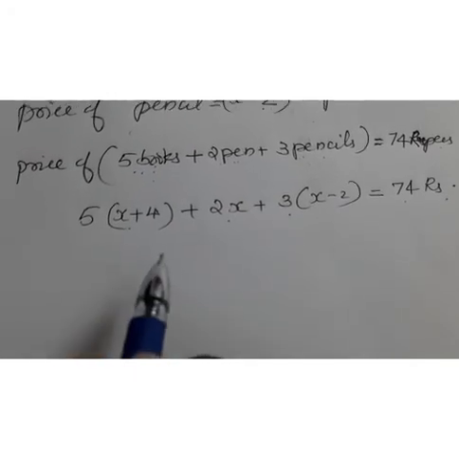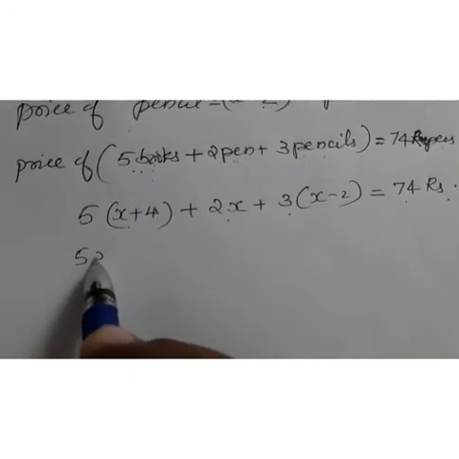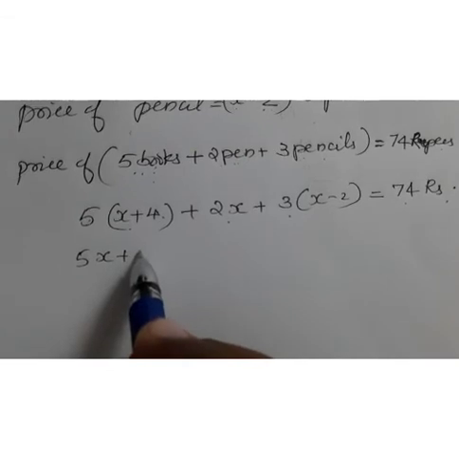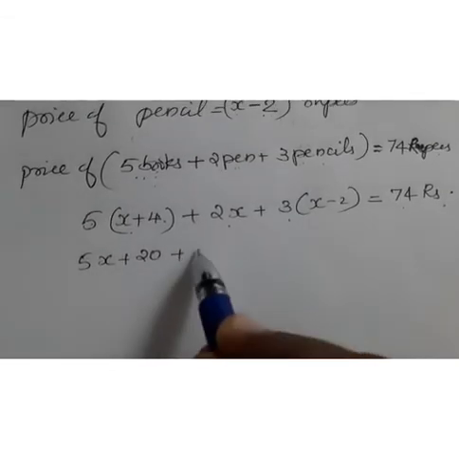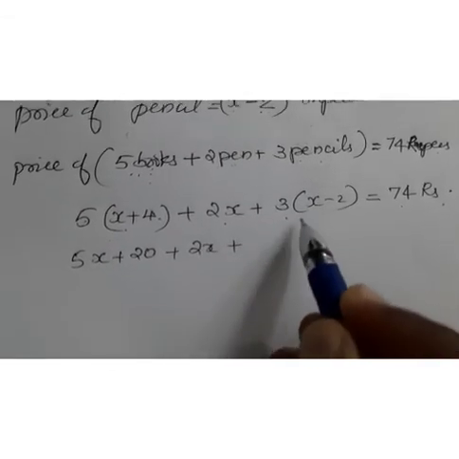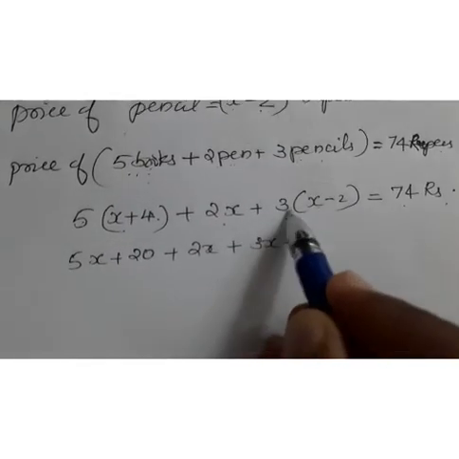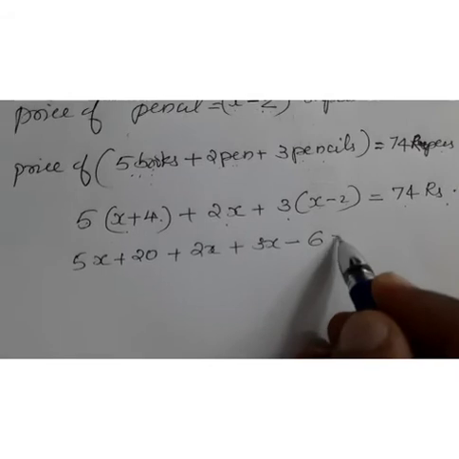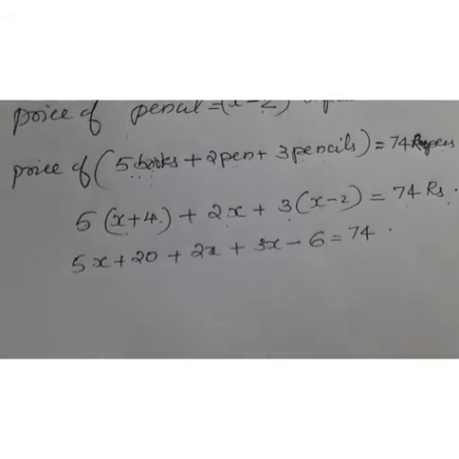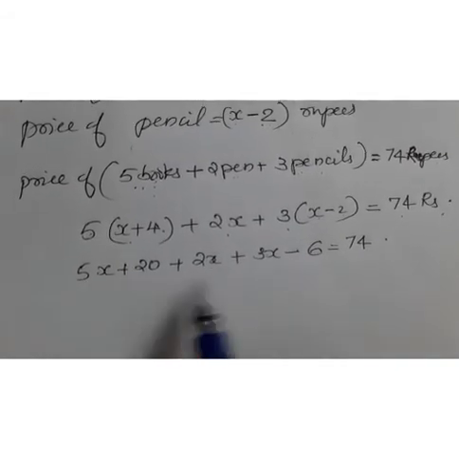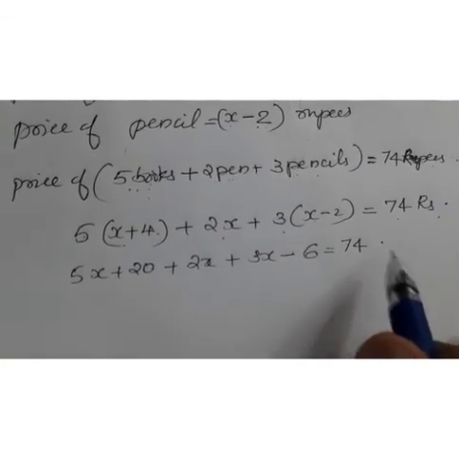So remove the brackets. 5 into x, 5x, plus 5 into 4 is 20, plus 2x, plus 3 into x, 3x, minus 3 into 2, it is 6, is equal to 74. So write the variables together, and the numbers on the other side.